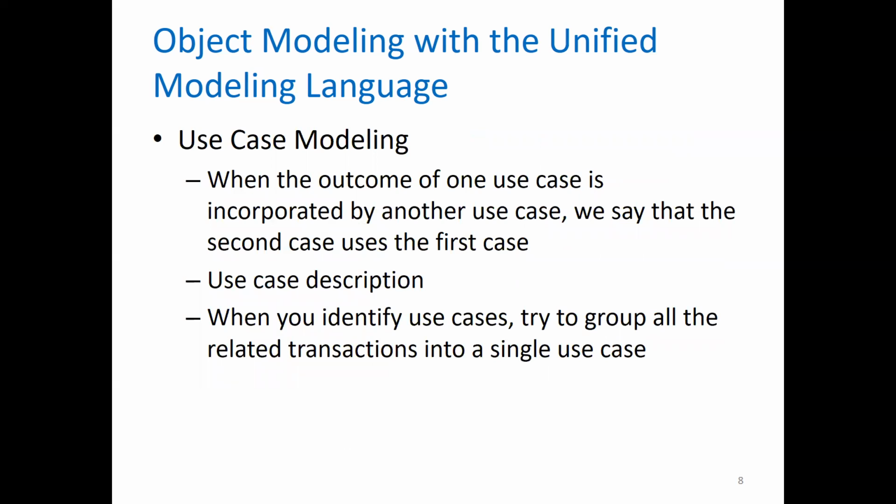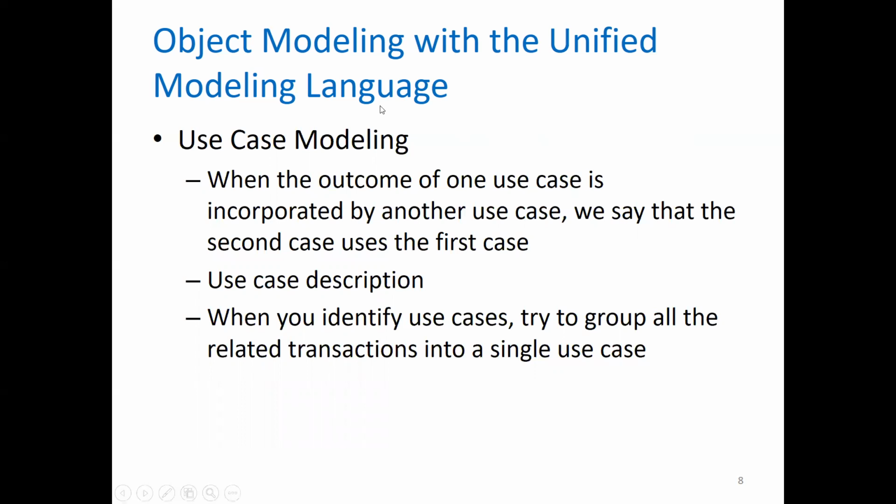Use case modeling. When the outcome of one use case is incorporated by another use case, we say that the second case uses the first case. Use case description. When you identify use cases, try to group all the related transactions into a single use case. Sometimes you have incorporation of use cases.